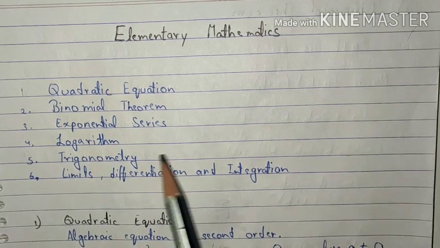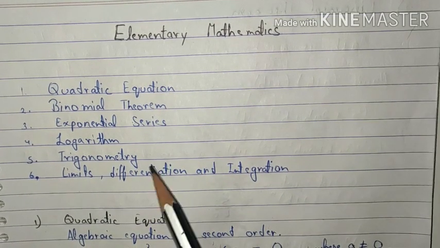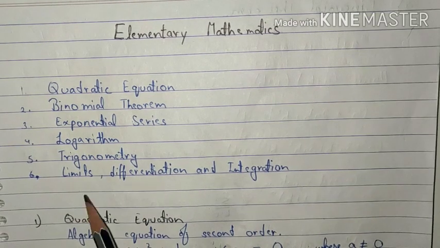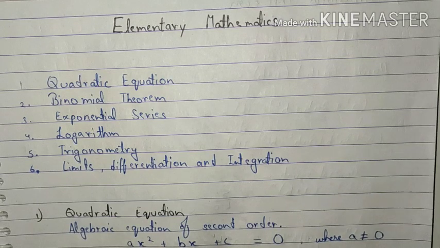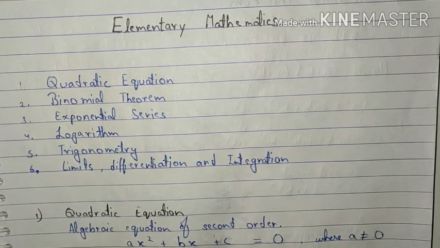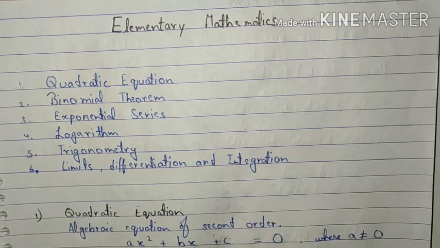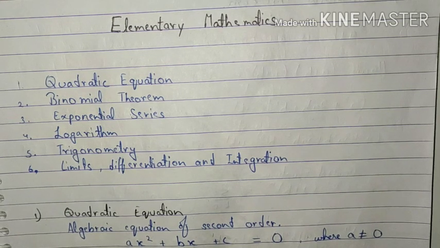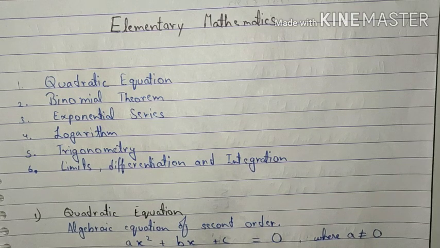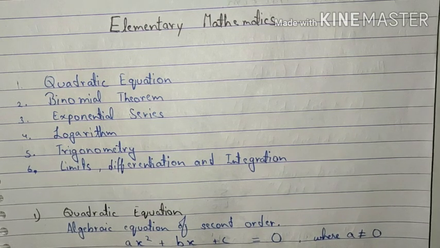After that, exponential series, logarithm, trigonometry, limits, differentiation and integration. Since you have already studied many of these things in your previous classes, I hope that you have a concept of it. Let's revise some of the things and learn some new things also.